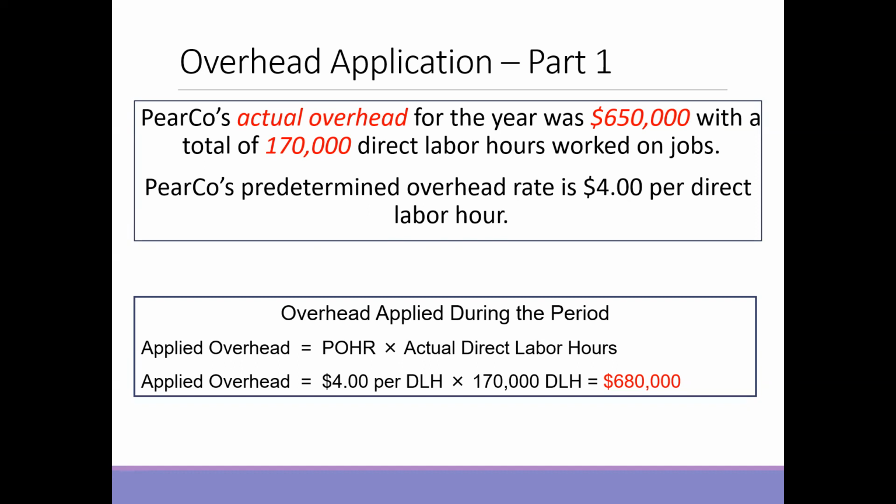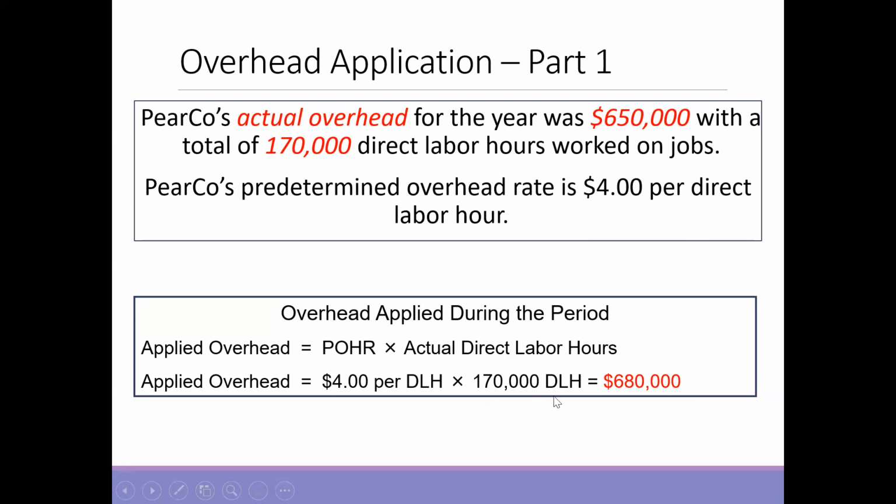So we know we applied overhead at $4 times the actual hours of 170,000 direct labor hours, or 680,000 is what we applied.